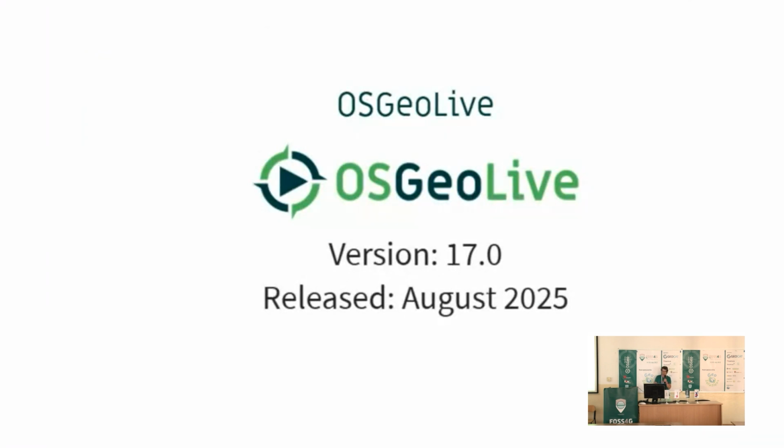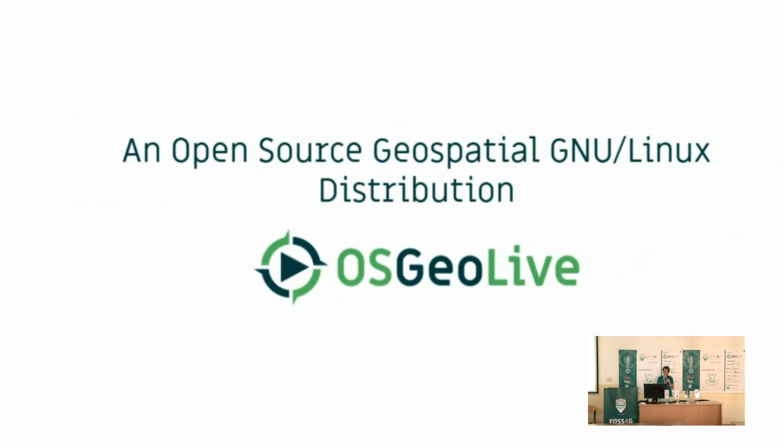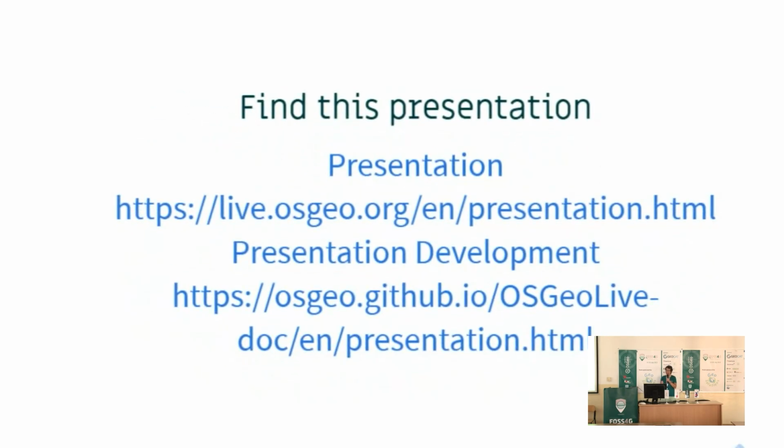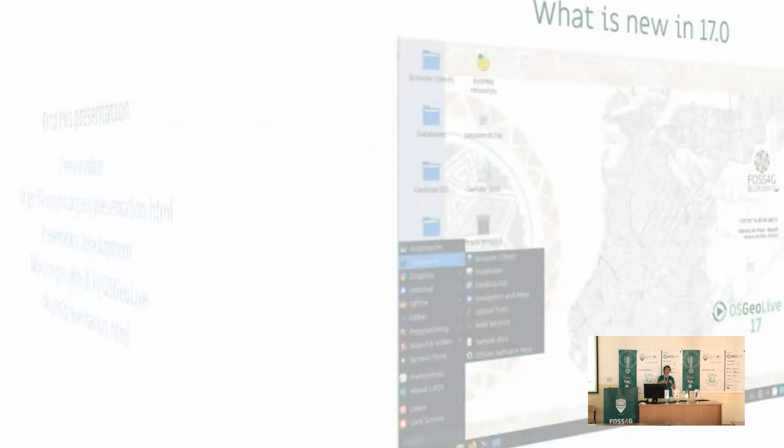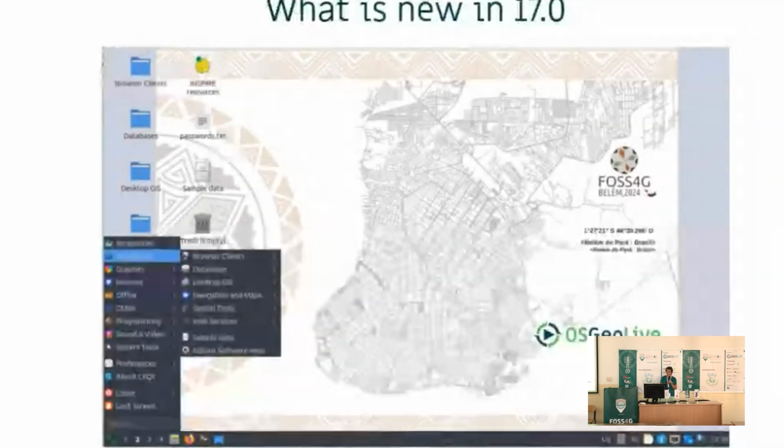Okay, so let's see what I didn't say yet. So we have this open source geospatial GNU Linux distribution, and the presentation that I show is online, so it's always part of our documentation. So you're very invited to use it, maybe at your event if you want to promote OSGeoLive or want to teach people about the solution.